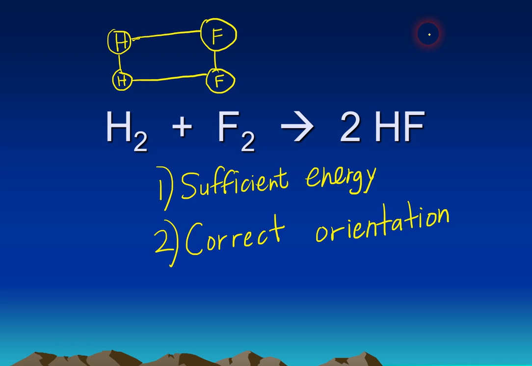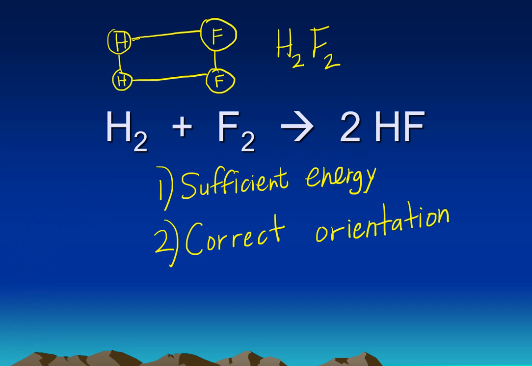Now, in the case of this, as you can see up here, it looks like H2F2 has been produced. If these molecules collide with enough energy and the correct orientation, we have H2F2. Now that's not what we're trying to make. What we're trying to make are 2 molecules of HF.